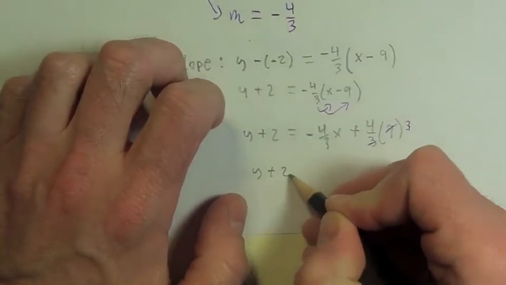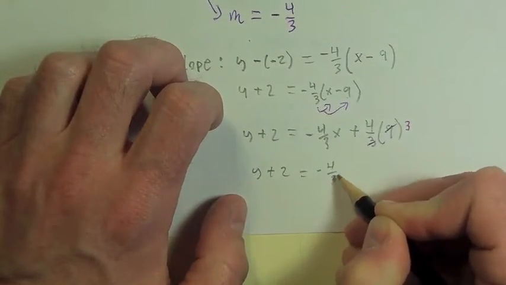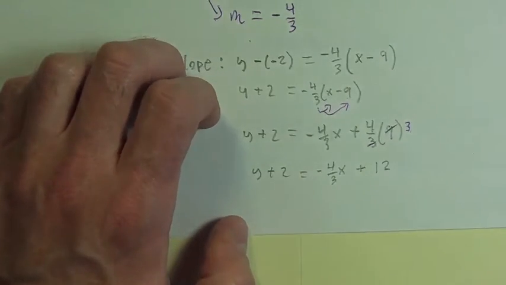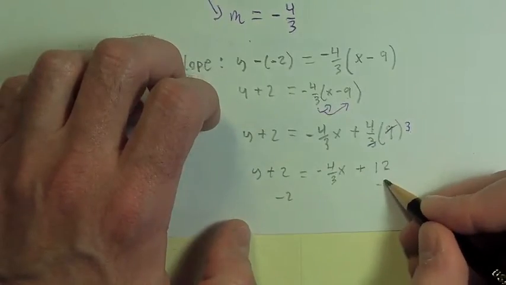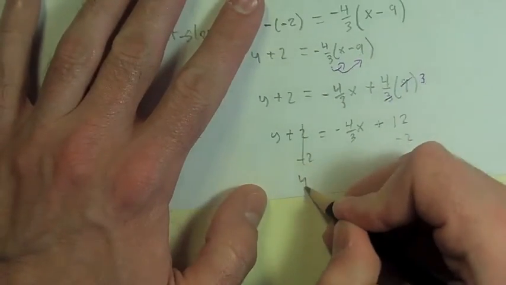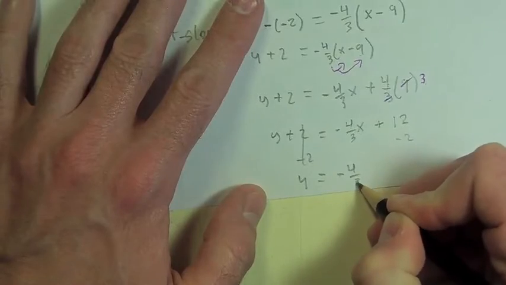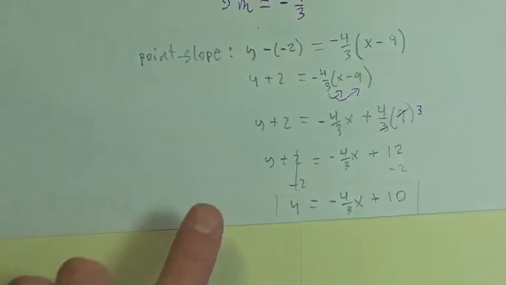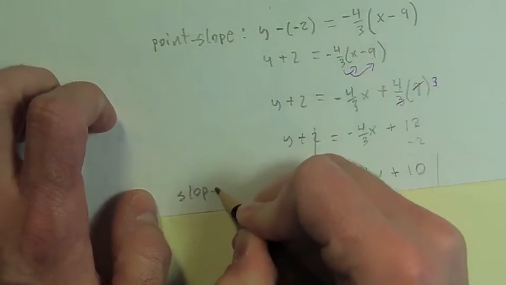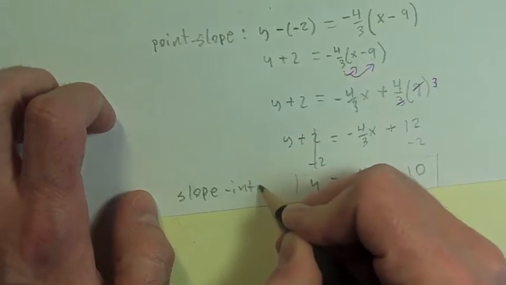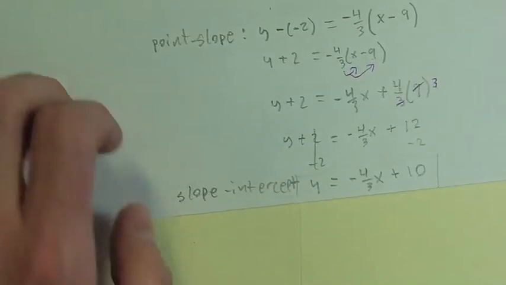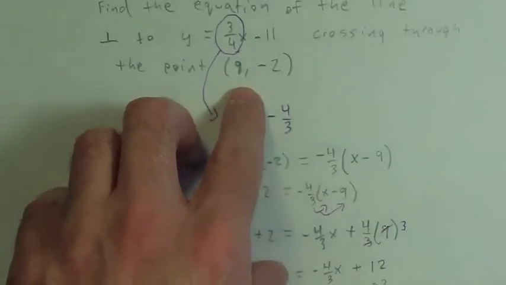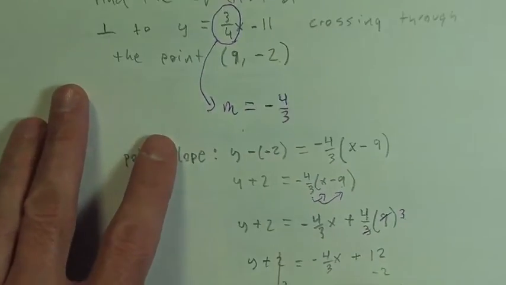So we have y plus 2 is equal to -4/3 x plus 4 times 3, which is 12. And to finish this off, we'll subtract 2 on both sides and get y is equal to -4/3 x plus 10. And there we are in slope-intercept form. Okay, so our y-intercept here is 10. We also have this point that we were given originally, 9, -2.